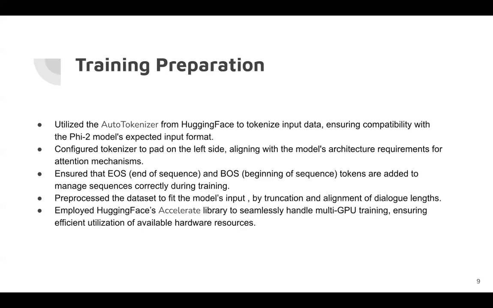This step included configuring the tokenizer to add the necessary end of sequence and beginning of sequence tokens, which aligns with the model's architecture, and it also effectively manages the sequences during training. We also pre-process the dataset to fit the model's input requirements, which mainly focused on truncation and alignment of dialogue length, which is essential for maintaining consistency and quality in training.